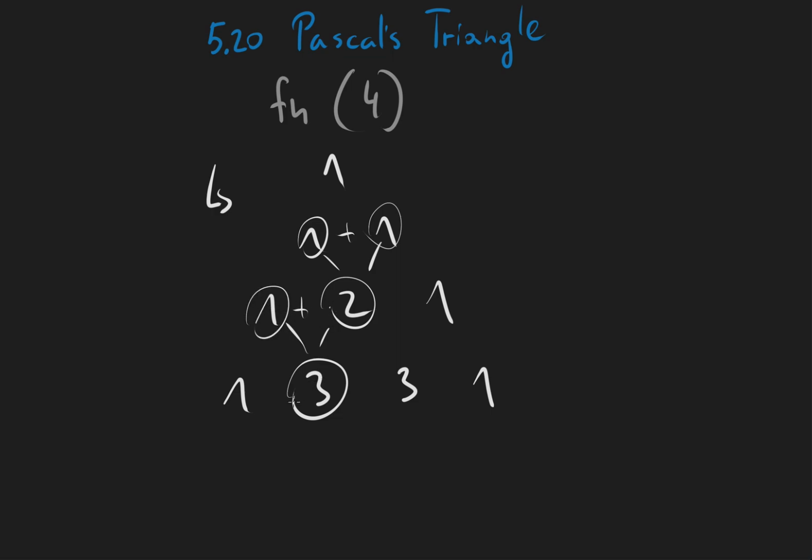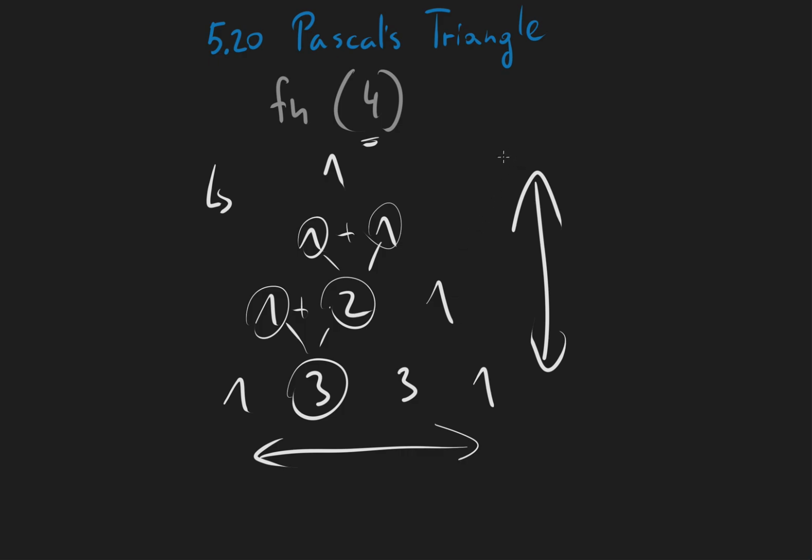Cool. So now if we talk about time and space complexity, we can say that we get an integer which is n, which is the height of this triangle. But we also need to consider, when we're constructing this, we need to go through all the cells.